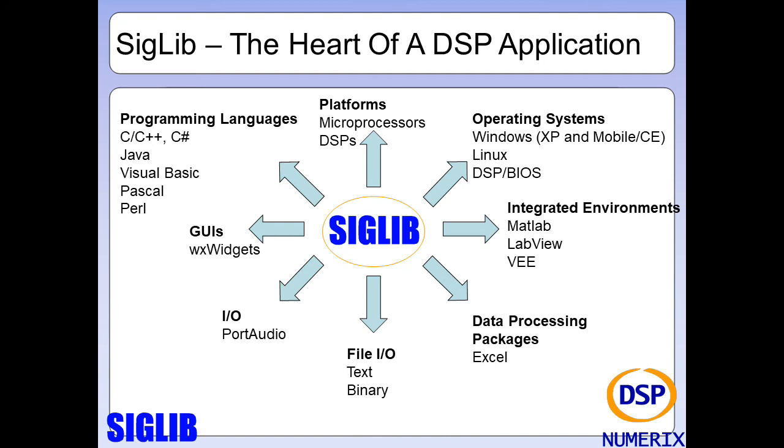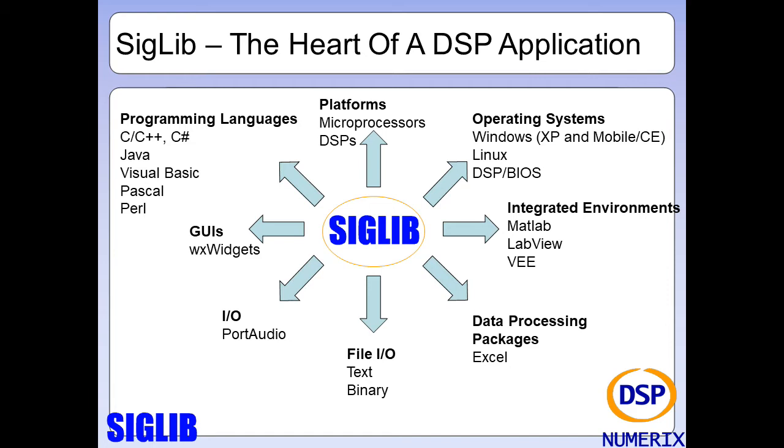Before we start to look at the SigLib library in detail, let us just take a look at some of the environments within which the SigLib library can be used. I'll start in the top right-hand corner of this diagram. SigLib has been compiled and used under many different real-time and non-real-time operating systems. I've already mentioned a few of the non-real-time operating systems such as Windows, Linux, Solaris, etc. But many of the modern real-time operating systems or kernels are also compatible with the SigLib library.